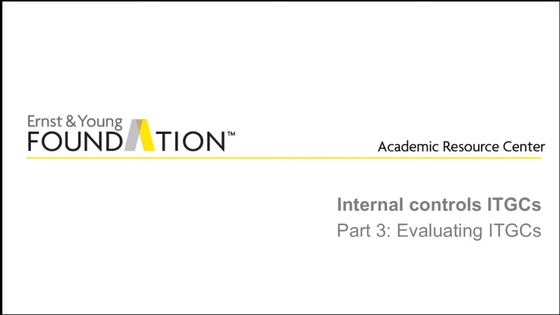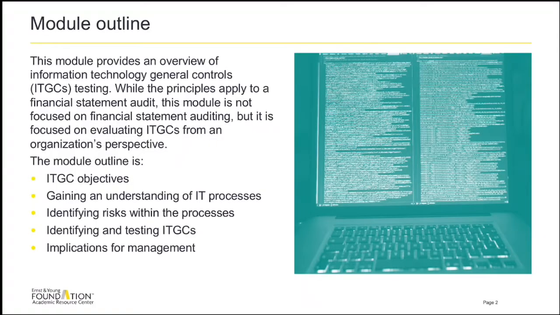We continue on our discussion with internal controls ITGC. Now we are on part 3, evaluating ITGCs. So this module will provide an overview of the information technology general controls testing. So while the principles apply to a financial statement audit, this module is not focused on FS auditing, but is focused on evaluating ITGCs from an organization perspective.